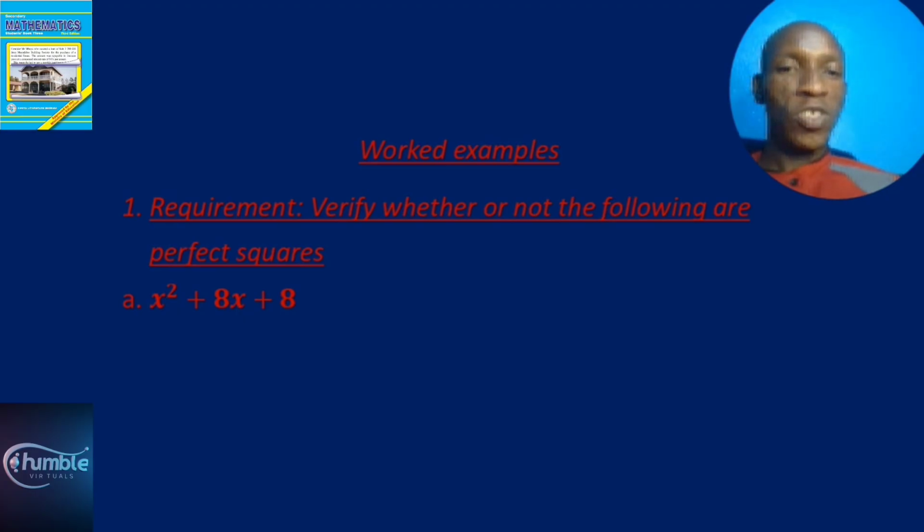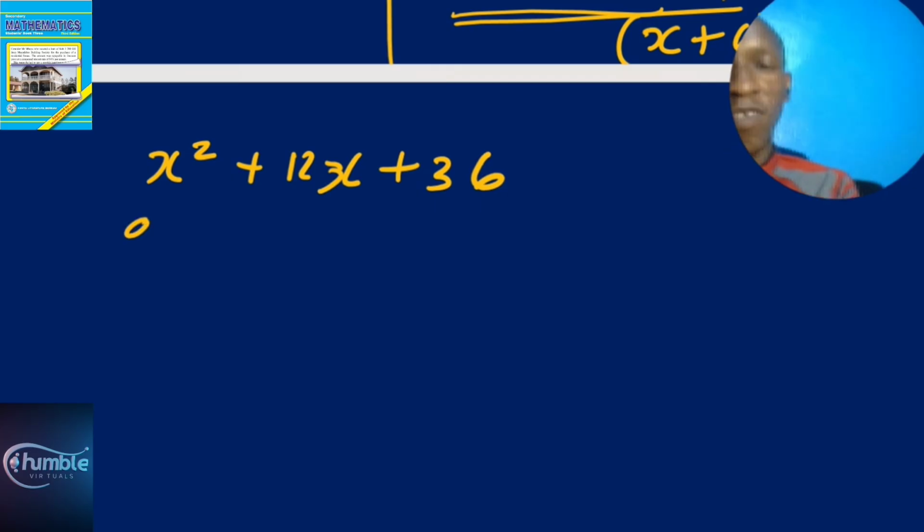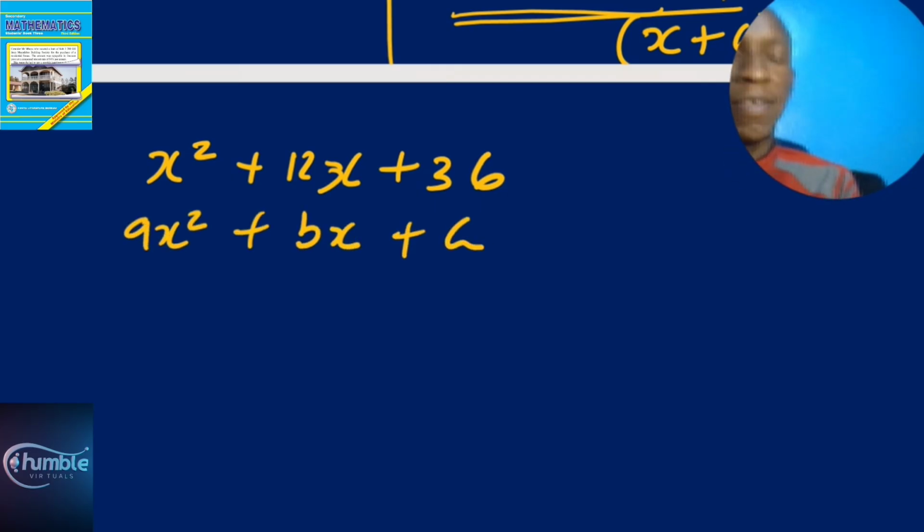Verify whether or not the following are perfect squares. Now, how do you verify whether a quadratic expression is a perfect square? Take a quadratic expression like x squared plus 12x plus 36, of the form ax squared plus bx plus c.